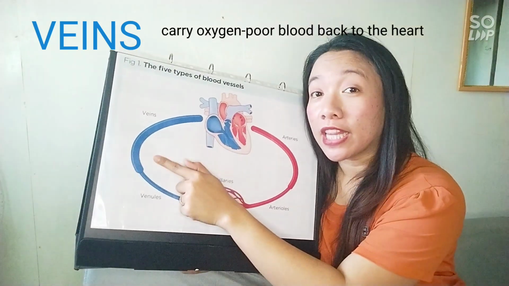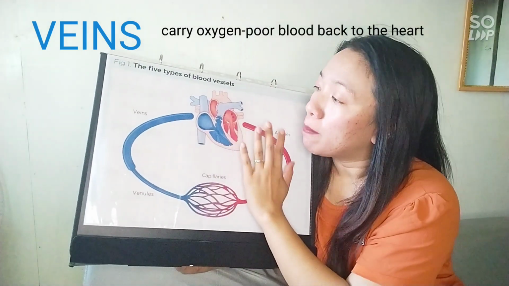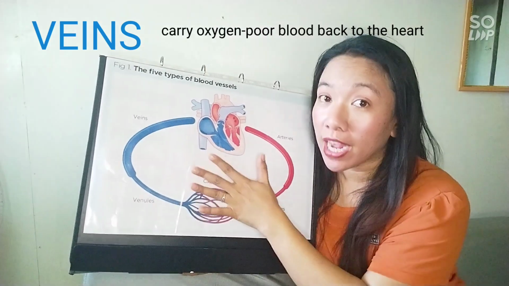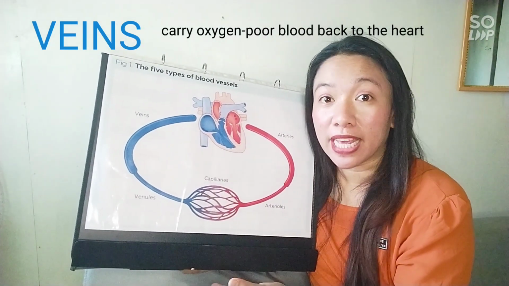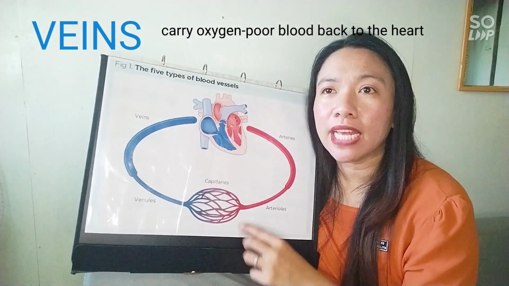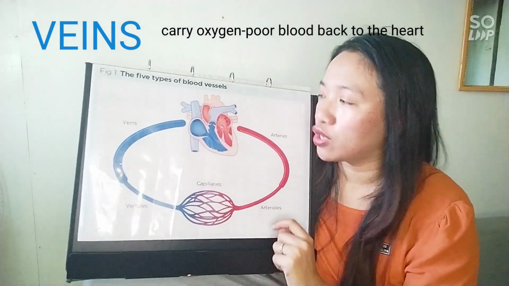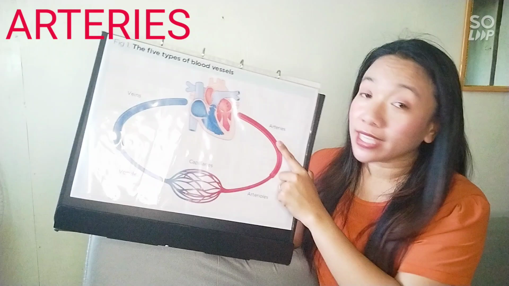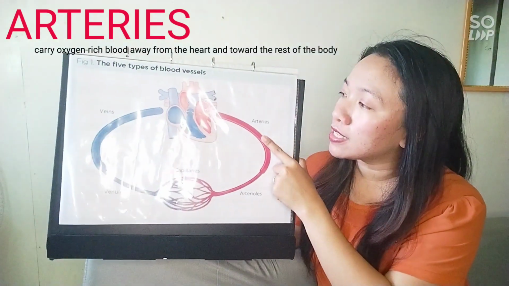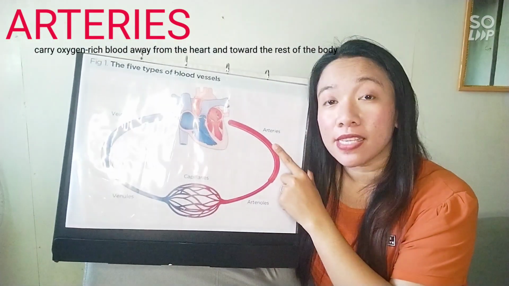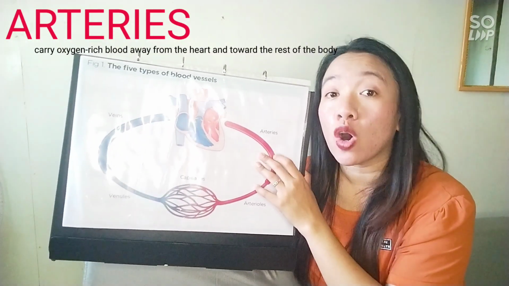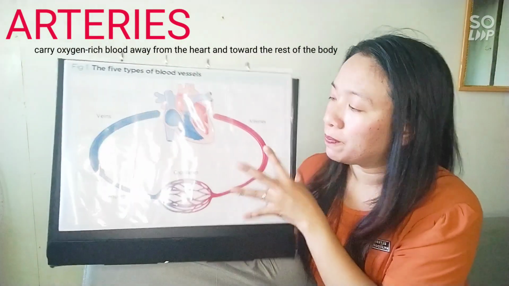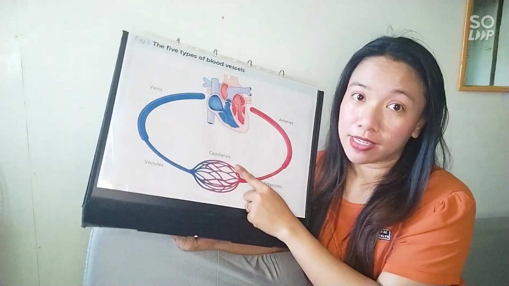Blue yung nakikita nyo dito sa ating illustration para malaman ninyo na ang veins are mostly, ang kanyang kinikarry na blood is deoxygenated, meaning hindi ganun karami yung oxygen. And arteries, they are very thick since they carry oxygenated blood or oxygen-rich blood, and the capillaries.